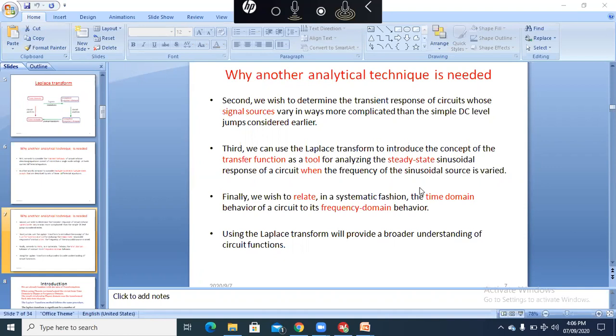Up to the cutoff frequency, we have the transient behavior of the circuit, right? And after the cutoff frequency, the response is stable. So that stable response is the steady state response of the circuit.